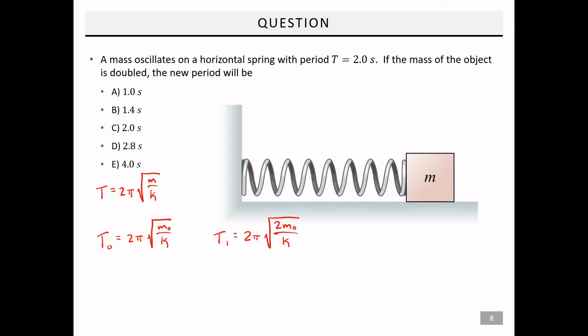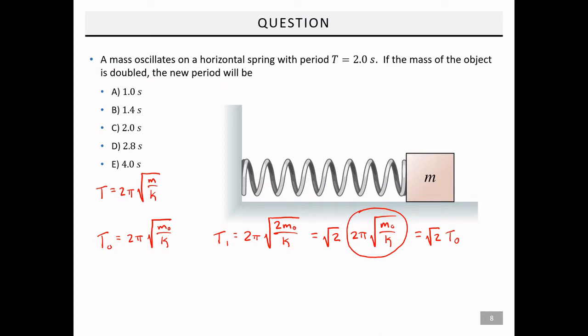This 2 I'm going to pull out of the square root, so I'm going to write it as the square root of 2 times 2 pi, the square root of m0 over k. And then this term that I'm circling is equal to the initial period, so I can write this as the square root of 2 times the initial period.